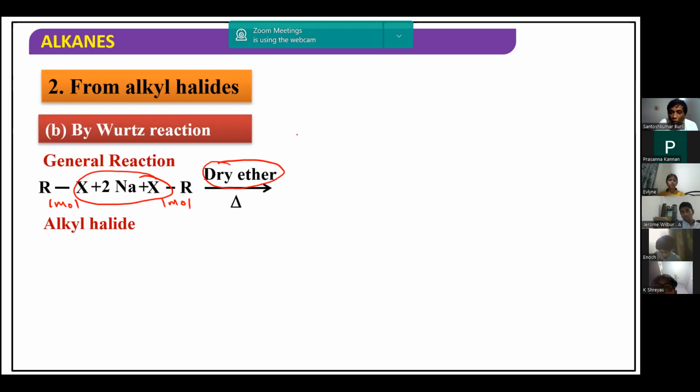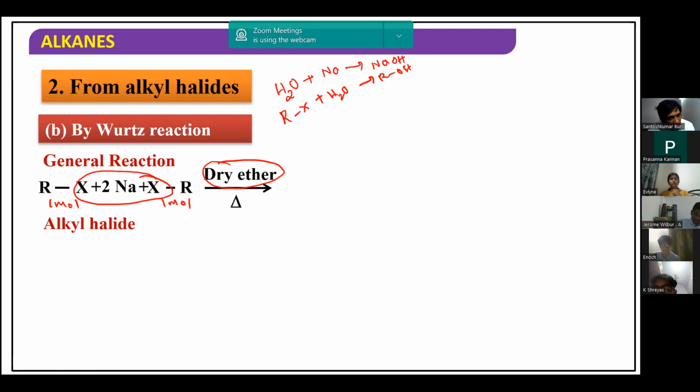If moisture is present, that moisture contains water, and water can react with sodium, forming sodium hydroxide. So sodium is not at all available for this process. That is one thing. Another possibility is RX can also react with water and get converted into ROH, alcohol. So this is another possible reaction.